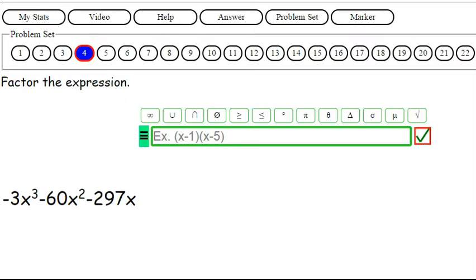Negative 3x cubed minus 60x squared minus 297x.